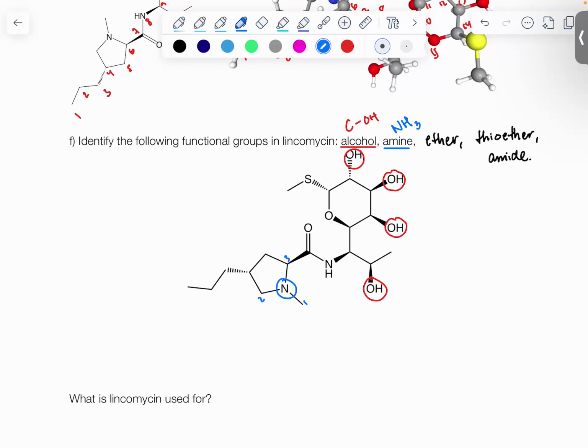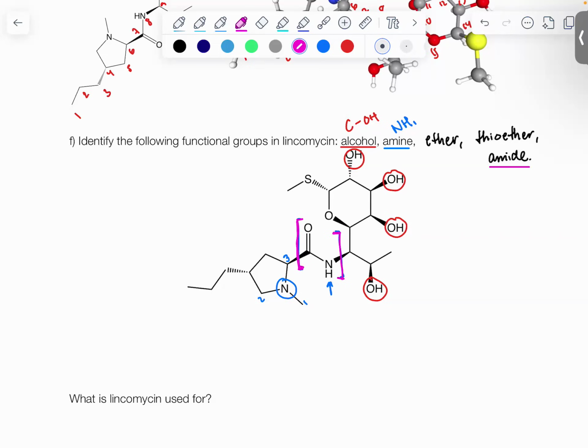If you were to have an NH3, if you were to have NH like this one, we would not consider that an amine because we have to look at the whole picture. And so that is actually one of the other functional groups we've set out to identify.